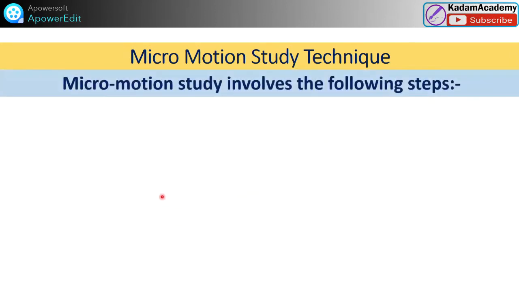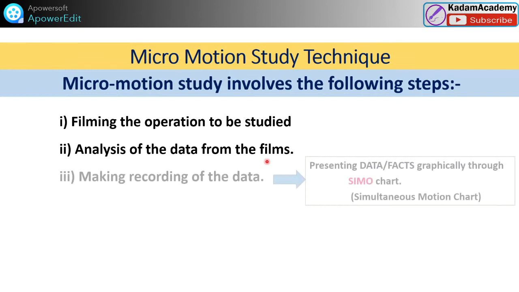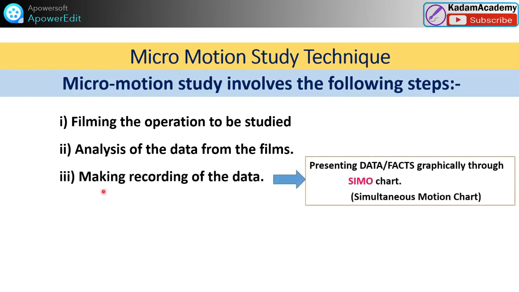So friends, the micromotion study involves the following steps. First, filming the operation to be studied. After that, analysis of the data from the films, and after that, recording all the data by using different charts.